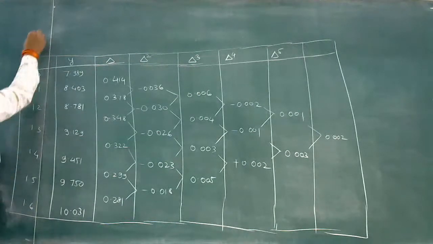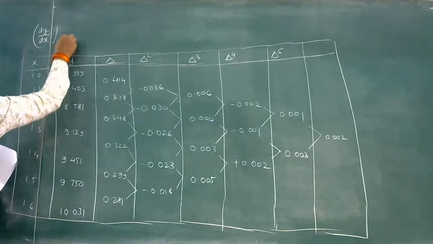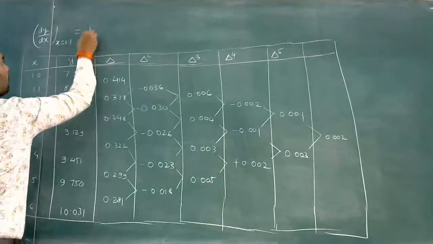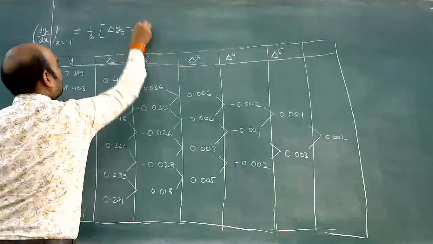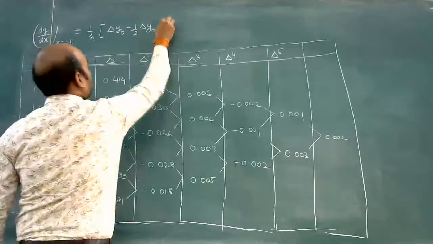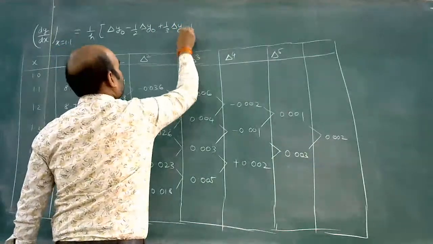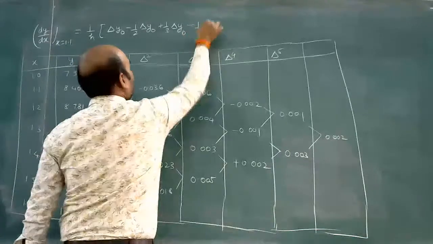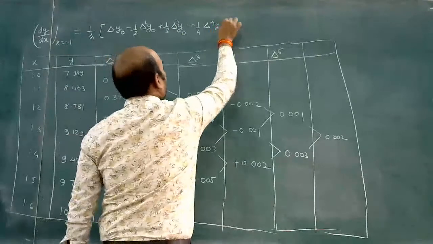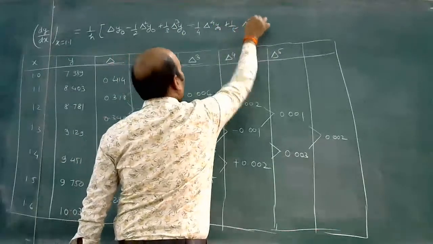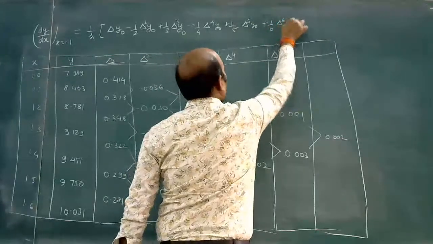So we have du by dx at x equal to 1.1 is equal to 1 upon h [del y naught minus half del square y naught plus 1 by 3 del cube y naught minus 1 by 4 del to the power 4 y naught plus 1 upon 5 del to the power 5 y naught minus 1 upon 6 del to the power 6 y naught].